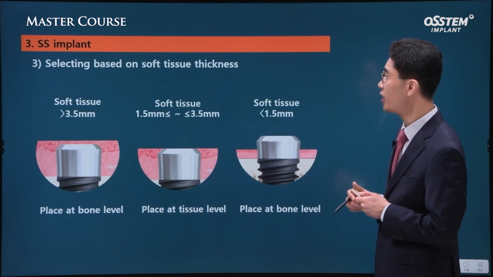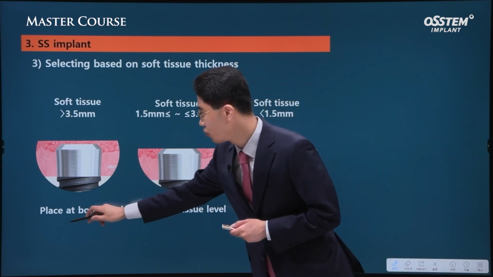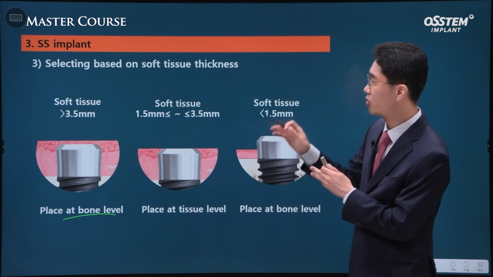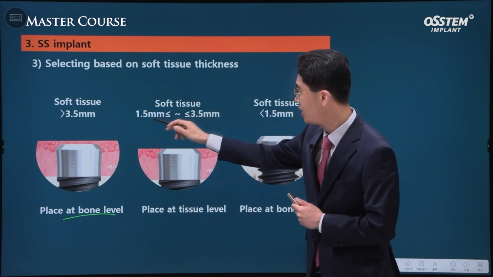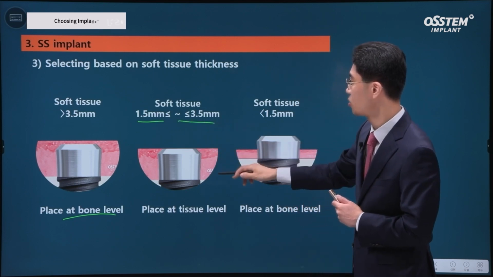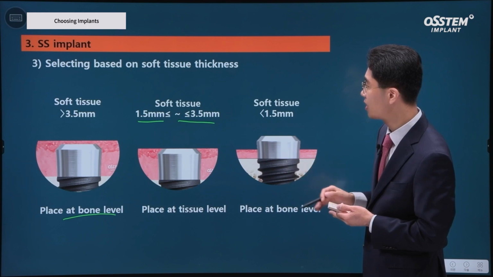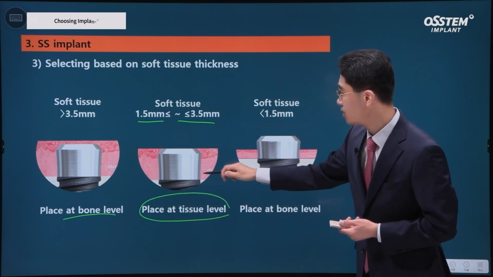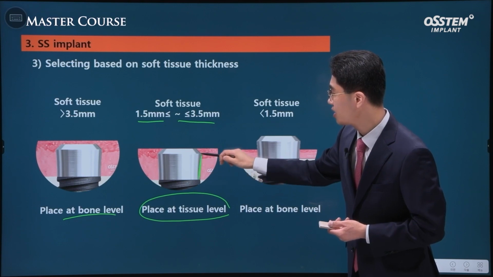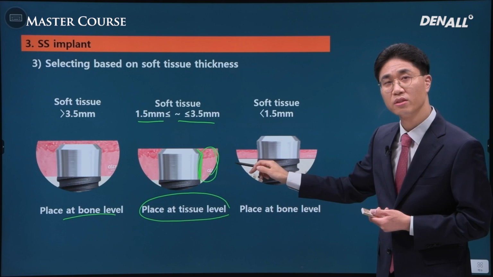If soft tissue thickness is sufficient, as shown, implant should be placed at bone level. And if the soft tissue thickness is about 1.5 millimeters to 3.5 millimeters, when SS implant is placed, it should be placed at tissue level so that the smooth surface is within the gingival part.